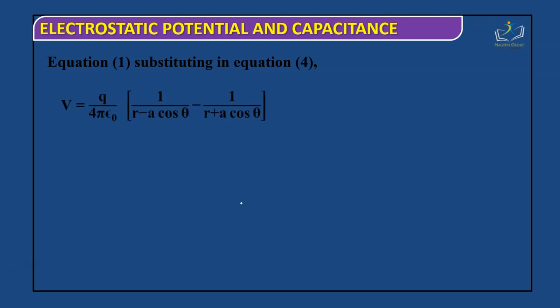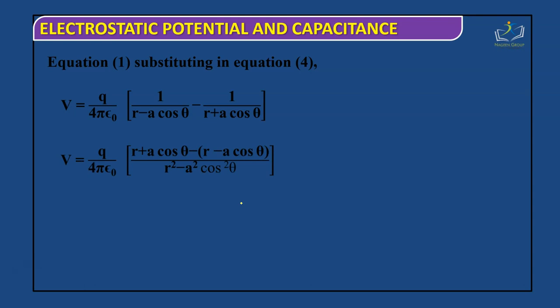Then we get V is equal to q divided by 4 pi epsilon naught in the bracket 1 by R minus a cos theta minus 1 by R plus a cos theta. With a little algebra to get the result, V is equal to q by 4 pi epsilon naught.